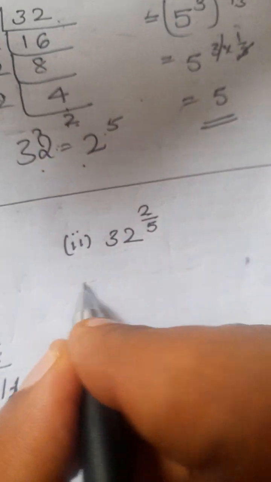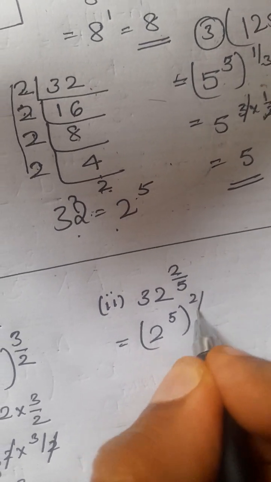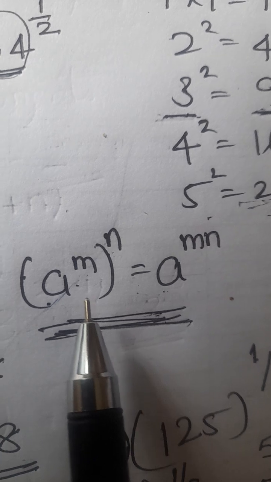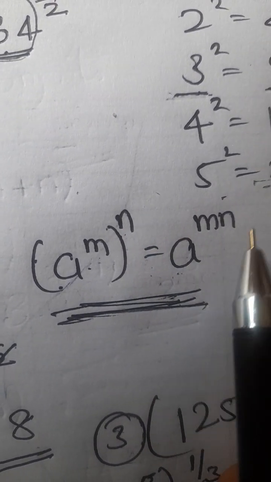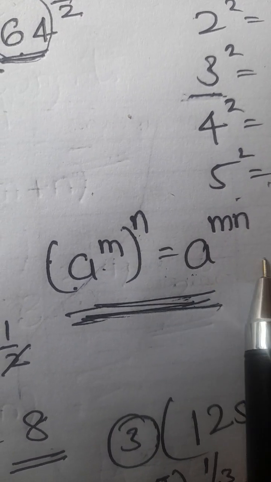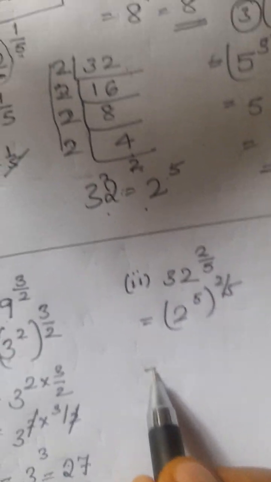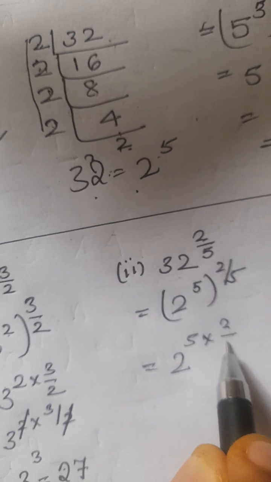So now this 32, I will write it as 2 to the power 5 whole to the power 2 by 5. Again, using the same formula, a to the power m whole to the power n is equal to a to the power mn, I'm using 2 to the power 5 into 2 by 5.